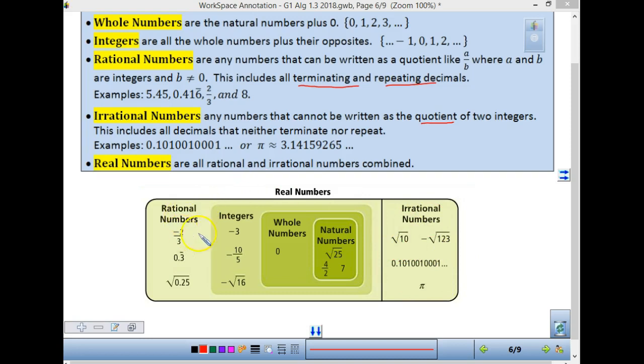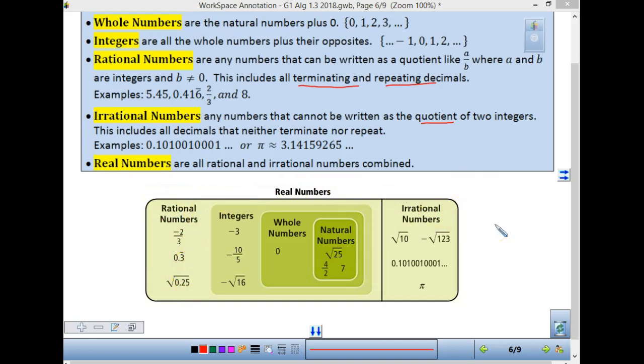But if it is rational, -3 actually is an integer and a rational number and a real number. If I'm looking at 4/2 or square root of 25, 7, they are natural numbers, whole numbers, integers, rational, and real. So when you are thinking of this hierarchy, if it is natural, it's in all of these. Whereas if it's just a fraction or a decimal, then it's just rational and real.